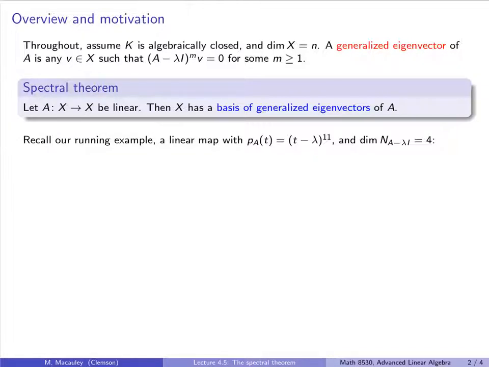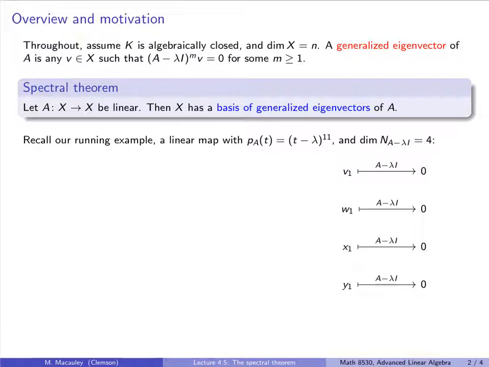So it has one eigenvalue with algebraic multiplicity 11. And it has 4 eigenvectors. In other words, the dimension of the null space of A minus lambda I is 4. In other words, there are 4 linearly independent eigenvectors of A that get mapped to 0 by A minus lambda I.